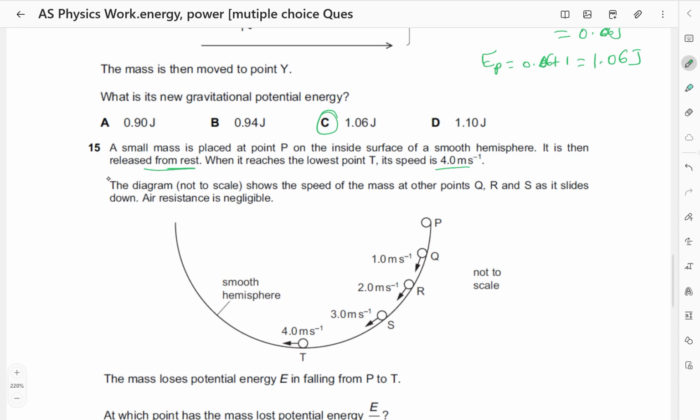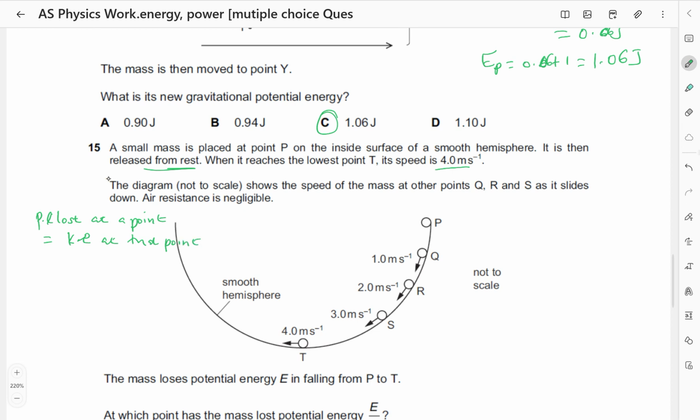Now we notice if air resistance is negligible, let's also neglect the effect of friction. Then that means the potential energy lost, not power, potential energy lost at any point must be equal to the kinetic energy at that point.